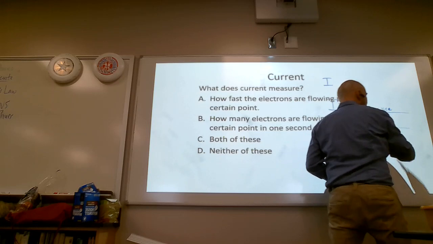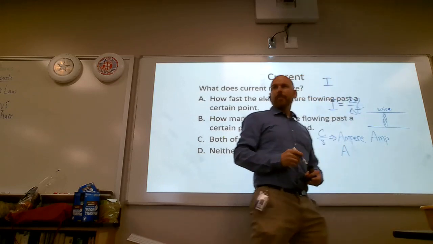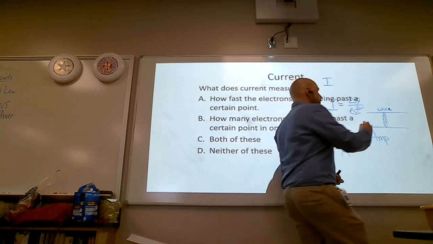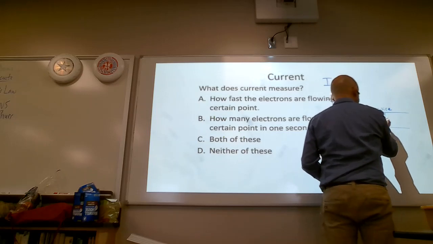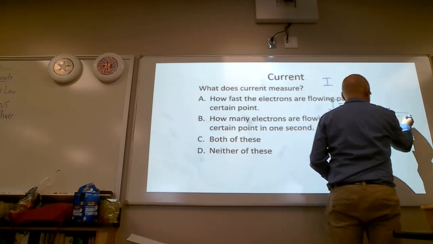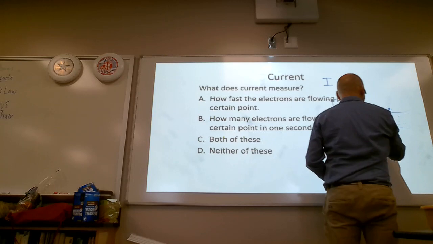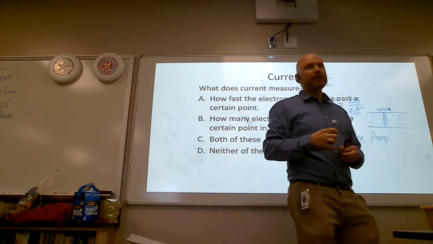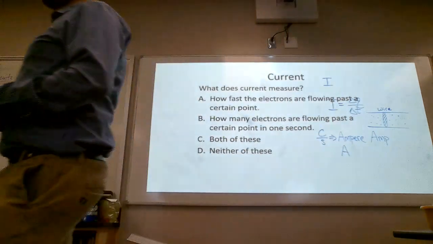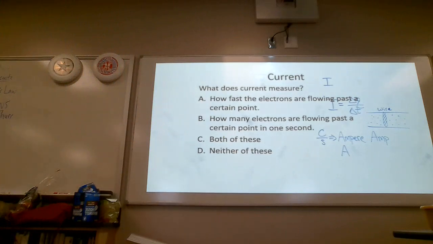Here's a cross-sectional area of that wire. What current measures is how many electrons go by that point every second.